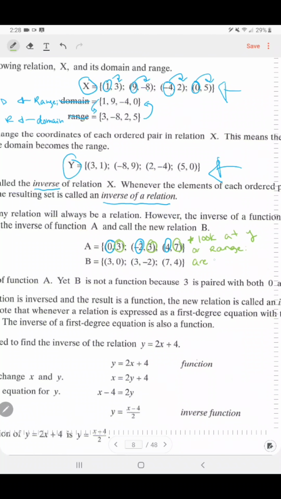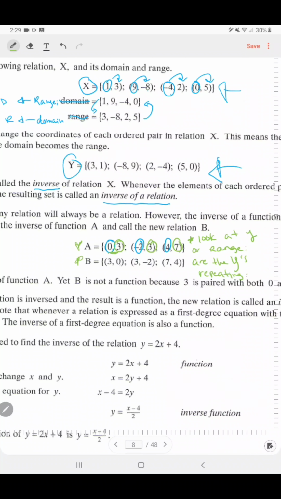Are the Y's repeating? If the Y's are repeating, that means when you flip your X's and your Y's, it's no longer going to be a function. Because, for example, in A and B, they're flipping places, right?